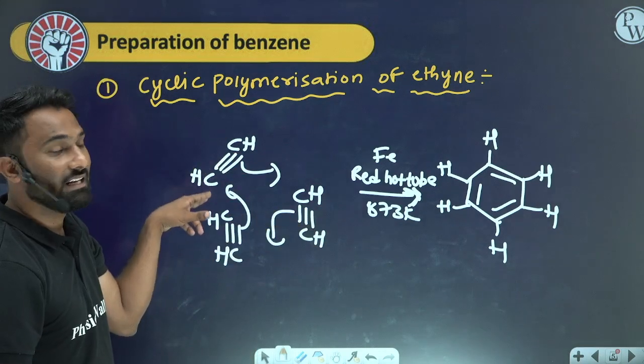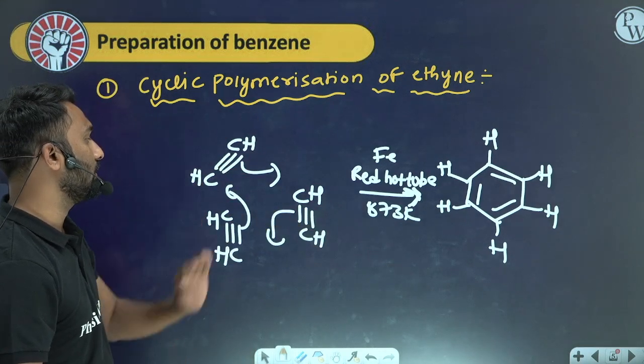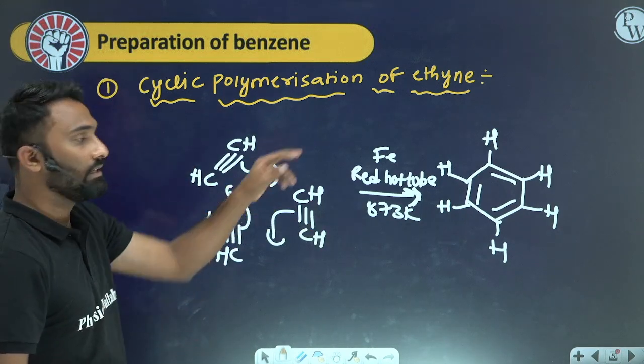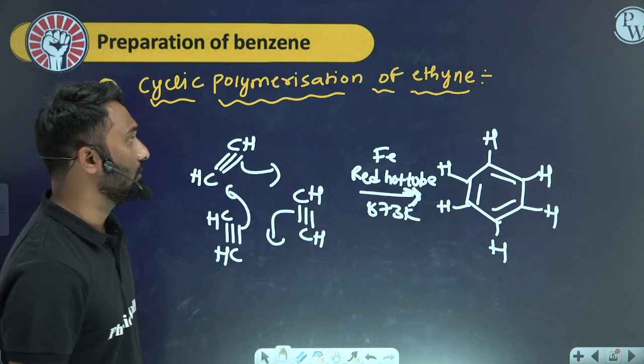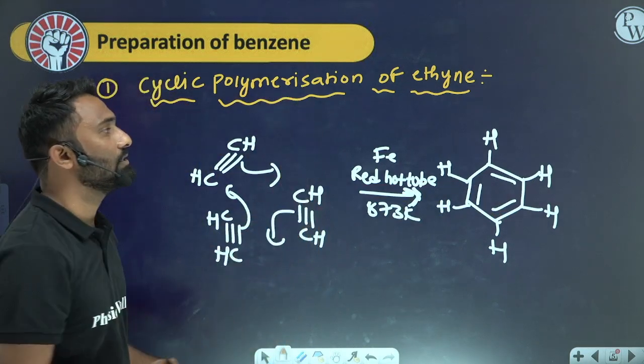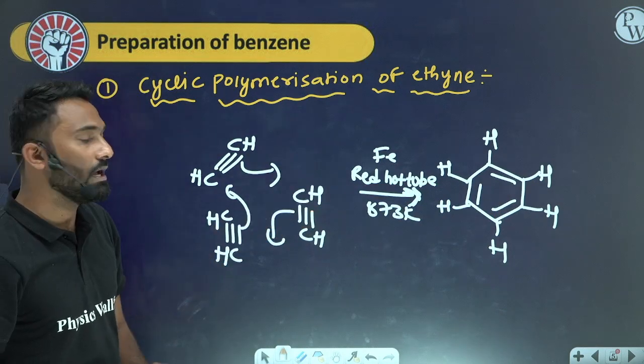When acetylene gas is present, it will be converted into benzene like this. This is the preparation of benzene. Clear? By the cyclic polymerization of ethyne we can prepare benzene.